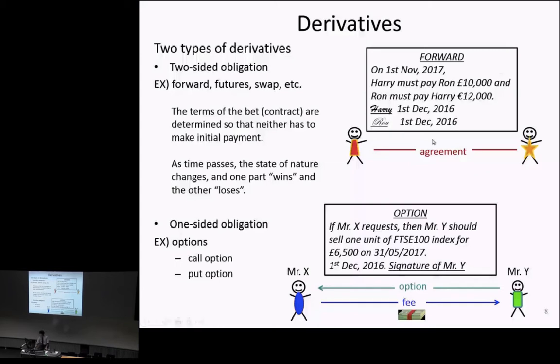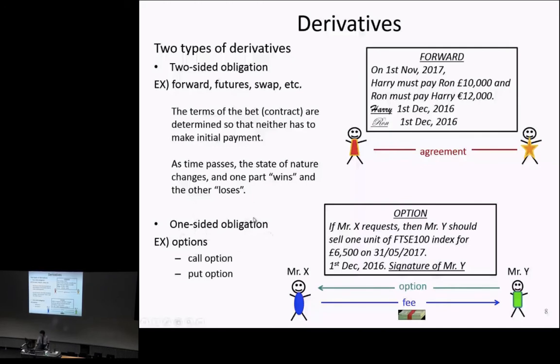Ron is the winner because without this contract, he would need 15,000 euros to get £10,000, but because he signed this contract, he only needs 12,000 euros. Okay? Right, so that's an example of a derivative with two-sided obligation. The state of nature on which the payment depends is, in this case, the price of the currencies.